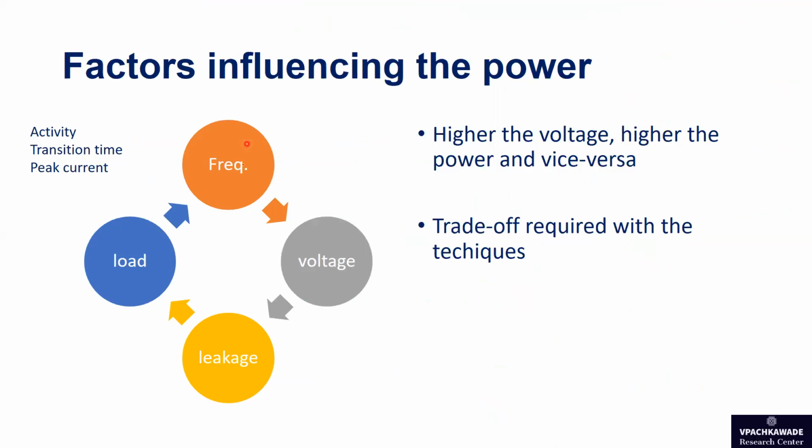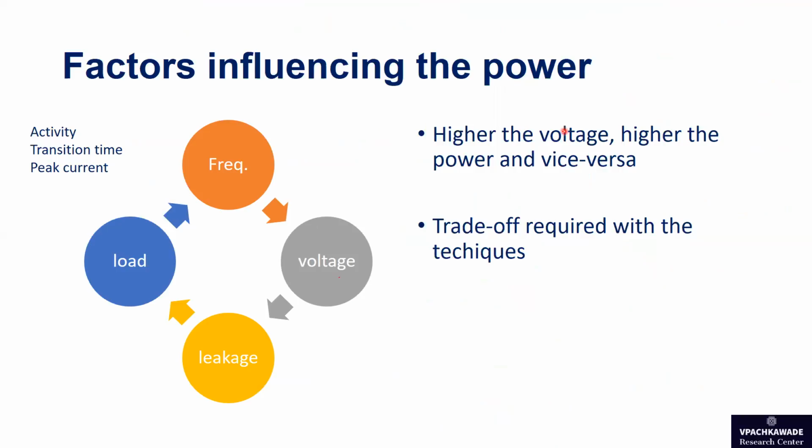All these factors, like frequency, supply voltage, leakage, capacitive load, activity, transition time, and peak current, are the factors influencing the power. And there are techniques to understand and reduce this power.